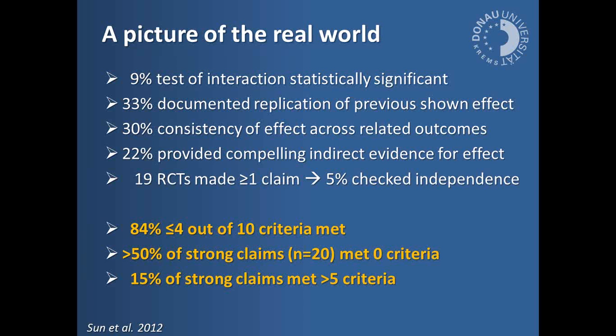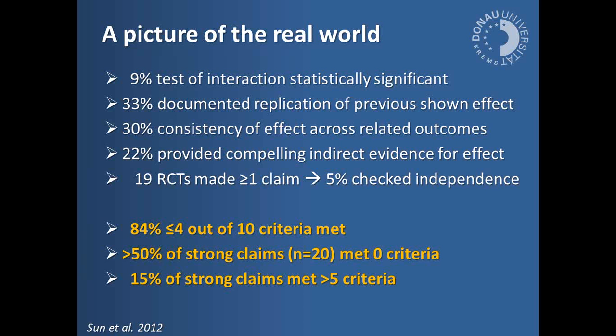In 30% they had a consistency of effect across the related outcomes, and just more or less a fifth provided a compelling indirect evidence for the effect. Of these 64 RCTs, 19 made more than one claim of subgroup effects, but only 3 out of 19 RCTs checked the independence of those claims they made.